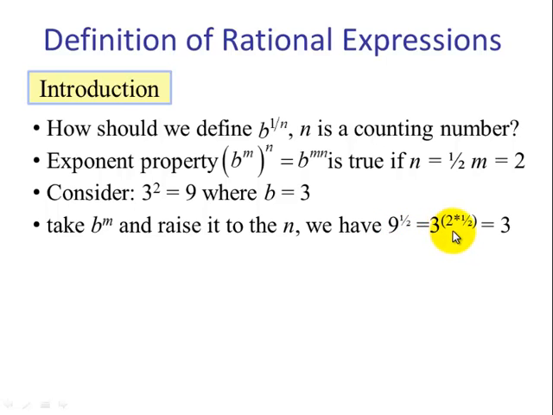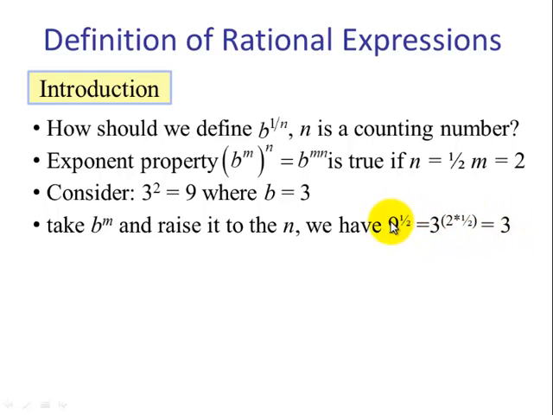But by the exponent property, that is equal to b raised to the m times n power. So 3 raised to the 2 times 1/2 power, well, 2 times 1/2 is equal to 1, and 3 raised to the power of 1 is equal to 3.